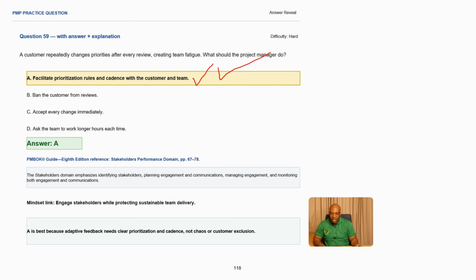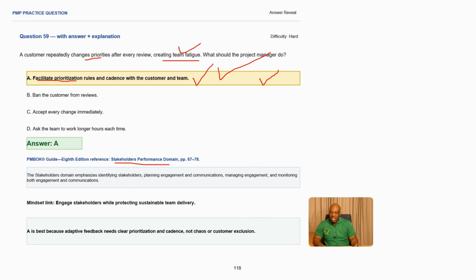Okay. So, which means you need to facilitate prioritization rules and cadence. Cadence is just a rhythm with the customer and also the team, the frequency at which you are also doing the reviews, so that you don't create this fatigue which is coming in. And also the customer must work with priorities on the backlog. What is our reference here? Stakeholder performance domain, which is 67 to 68.